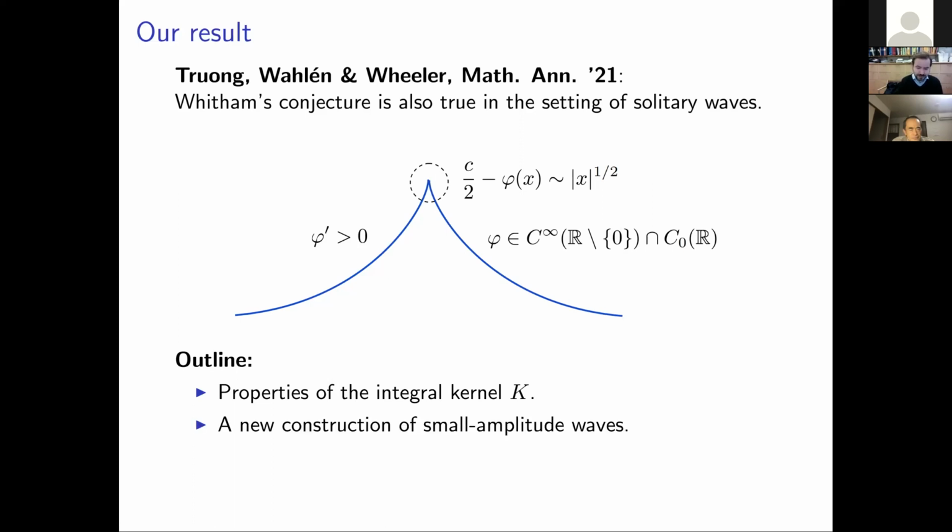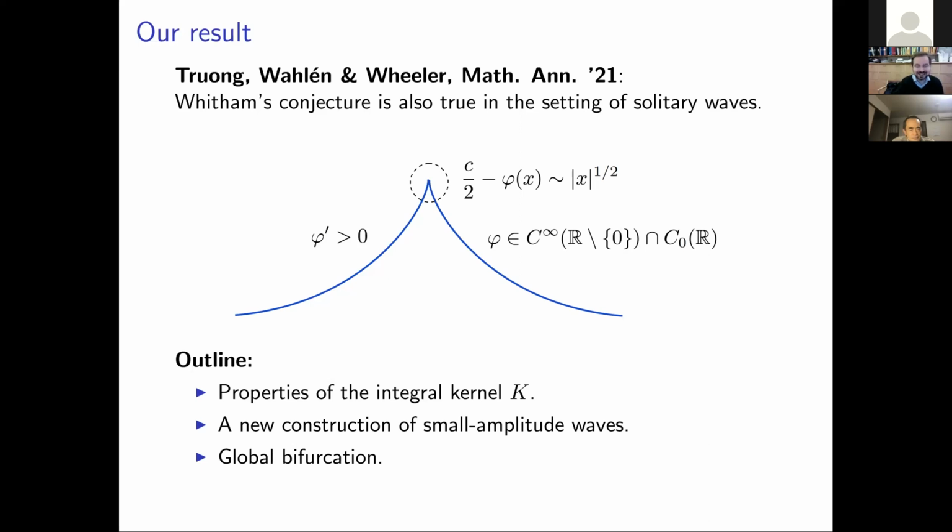Then I will go through a new construction of small amplitude waves. Even though there are two other constructions already, it turned out to be useful to have a third construction, which works well together with the global bifurcation theory. And then finally, I will say something about global bifurcation.